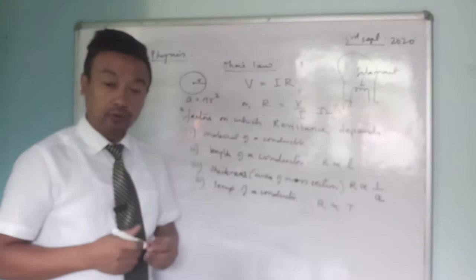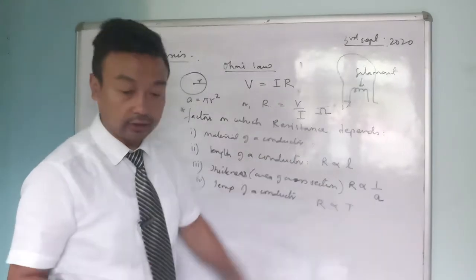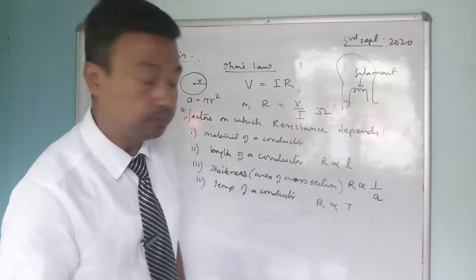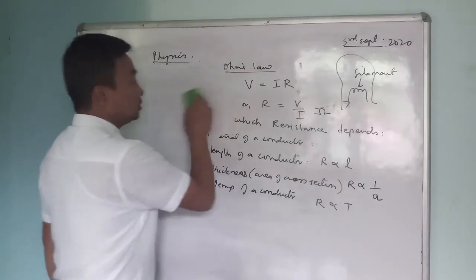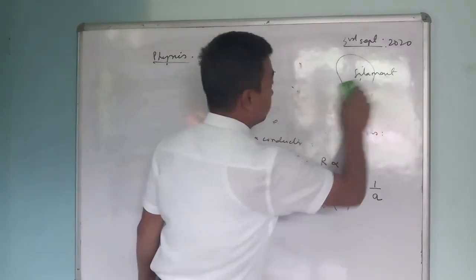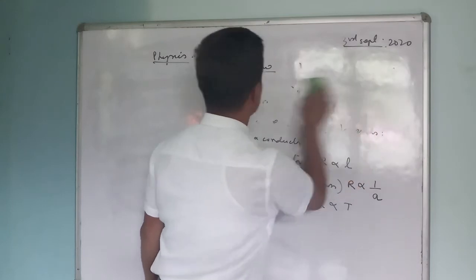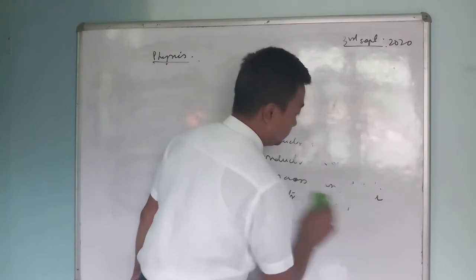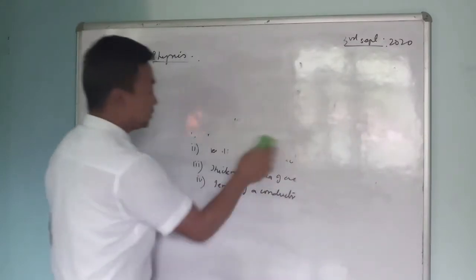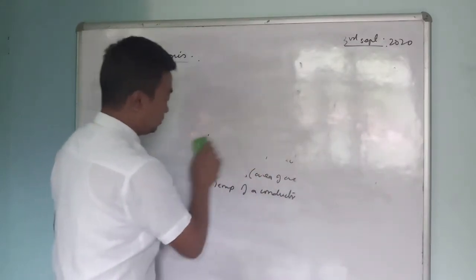Now from these factors we will get another term that is very, very important. That term is called the specific resistance of a wire, or simply we can call it resistivity. So let us learn that term today.